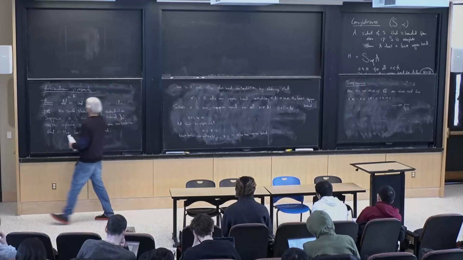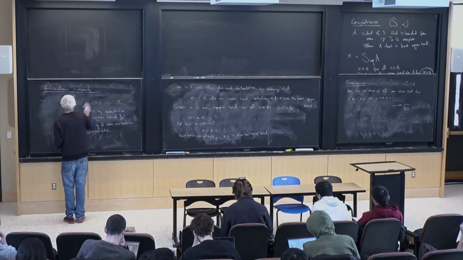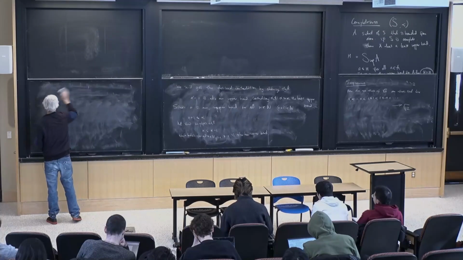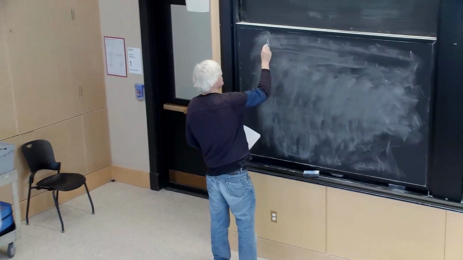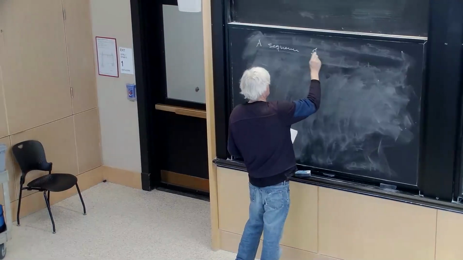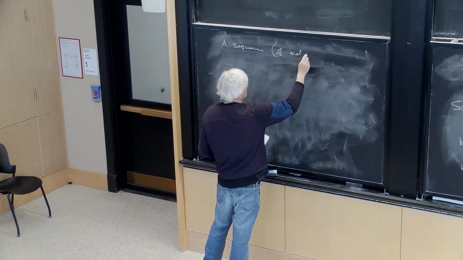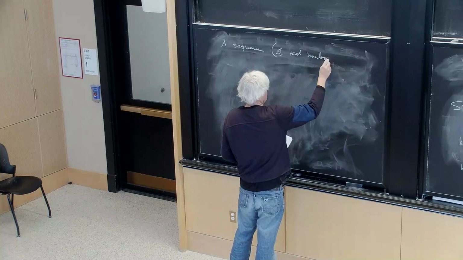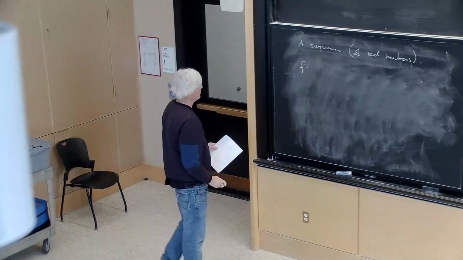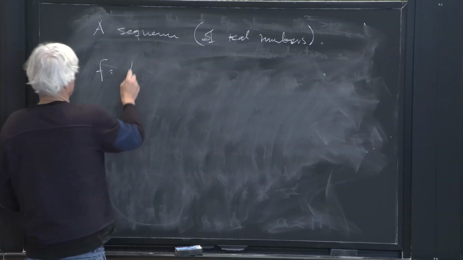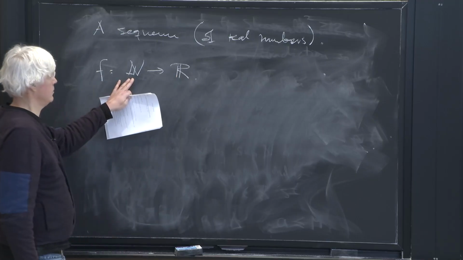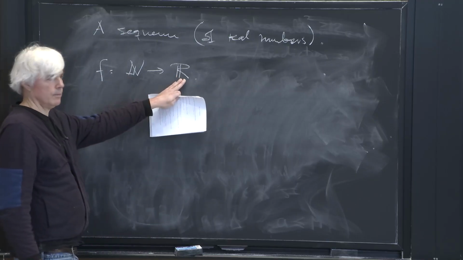So a sequence of real numbers is a map. It's a function from the natural numbers into R. So for each natural number, you get a real number.